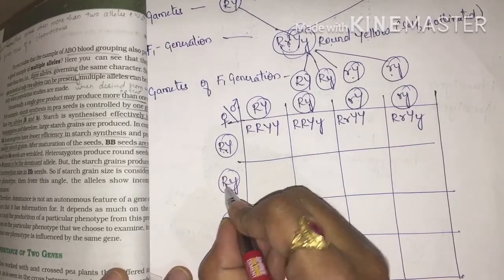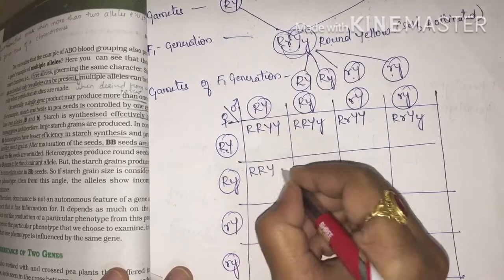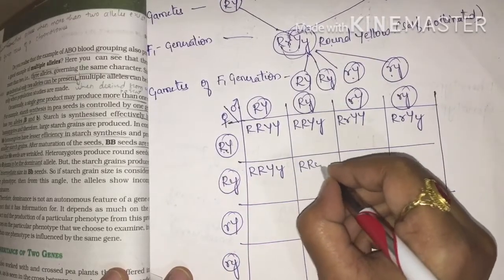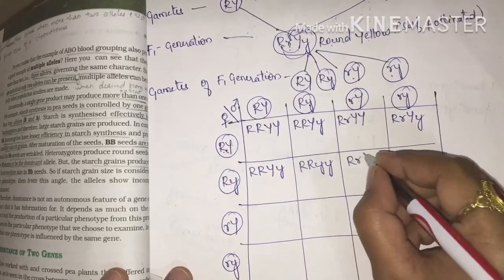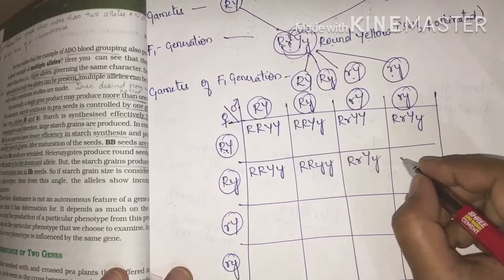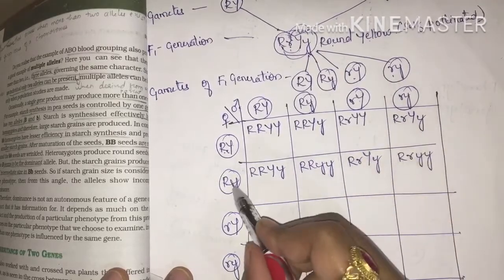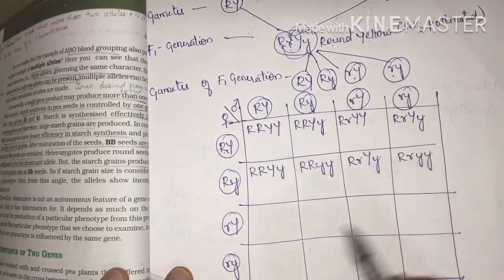So when this gamete is fused with this, capital R, capital R, capital Y, small y. Then capital R, small y, small y. Then comes capital R, capital Y, small y. Capital R, small y, small y. In the same way, you take this gamete and fuse it with each one of them, and you will get this.